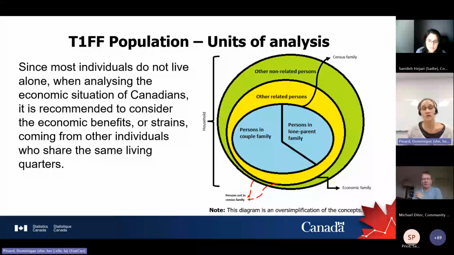And then if you're looking at roommates, or a lone parent living with a roommate, or if you're talking about two families living together, that would consist of your household. So this is an oversimplification of the concepts. Households being the bigger circle, economic family the middle circle, and the smallest circle would be census family. These distinctions are important when we try to do some analysis and when we compare income data from various sources.